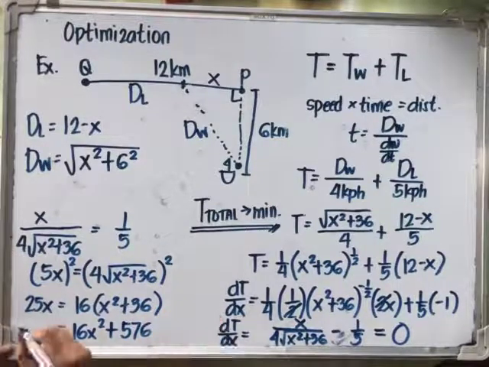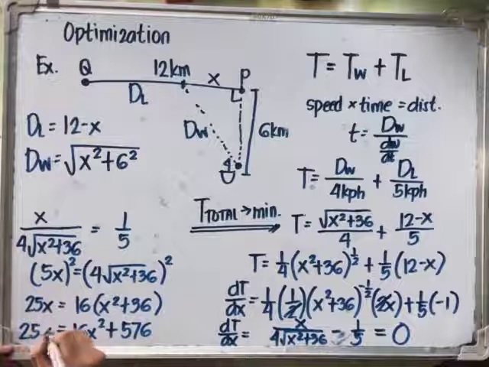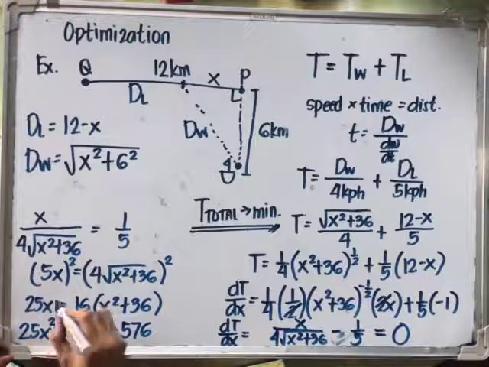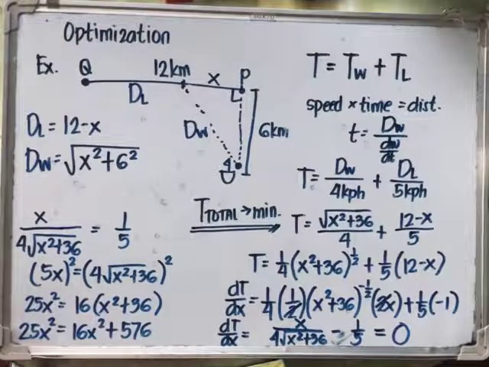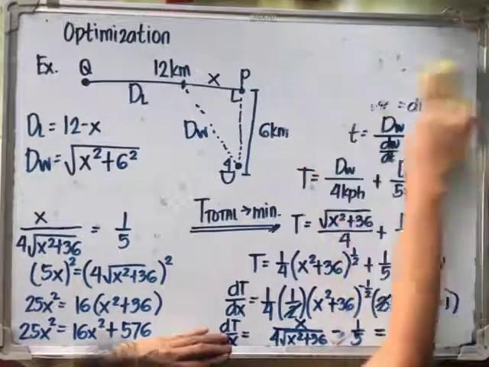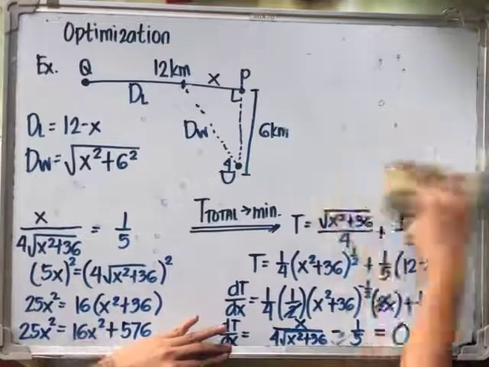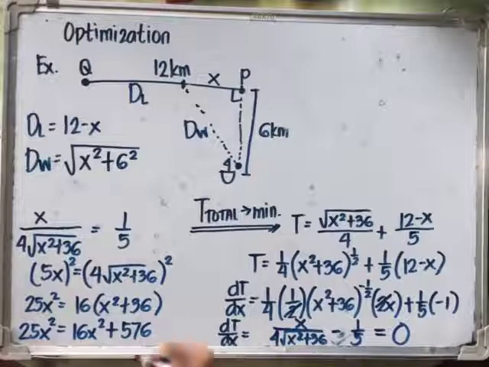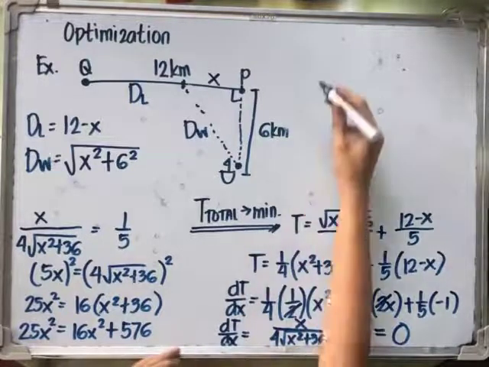On the other side, we have 25x. Okay? We're almost done now. Oh, sorry, this should be x squared as well. I'm sorry, okay? Correction. So that is our equation. Okay? So you just replay it. I need to erase this one for our solution. Let me continue this part here.